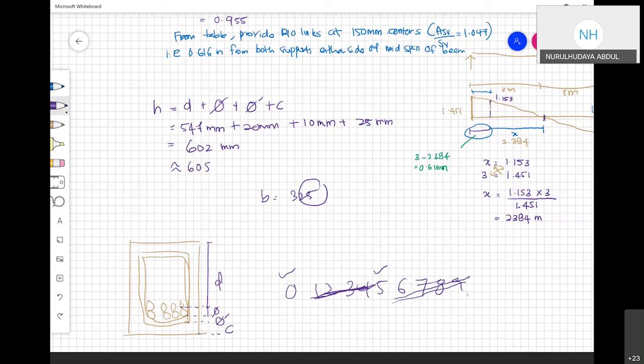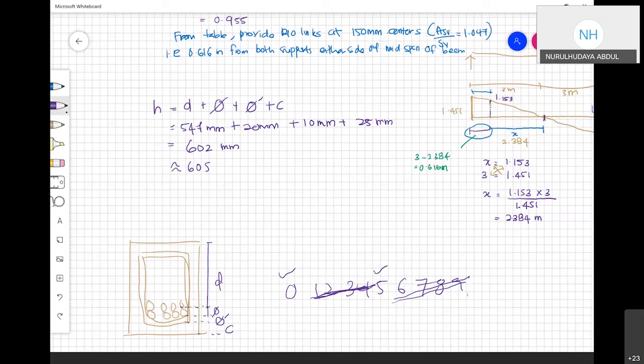This one untuk H. Kalau D doesn't matter, sebab dia duduk dekat dalam beam. Kita tak ada cakap size of beam. Kita tak pakai D punya number, kita pakai H. Size of beam is 325 times 605. Kita tak ada cakap size of beam is 325 times 547. Kita tak kira D tu untuk describe the beam.